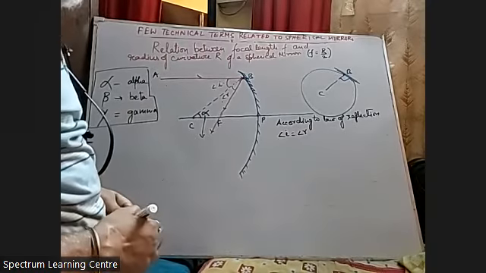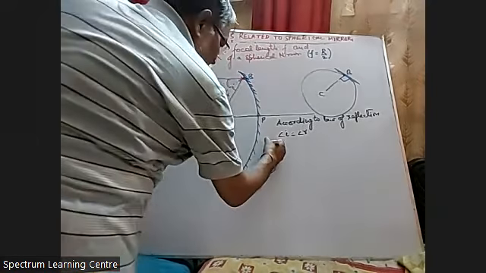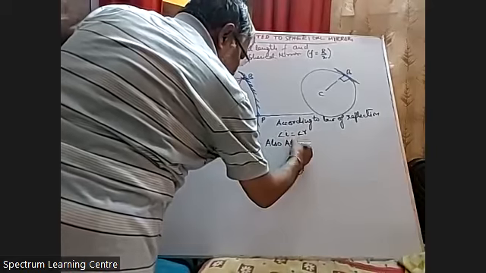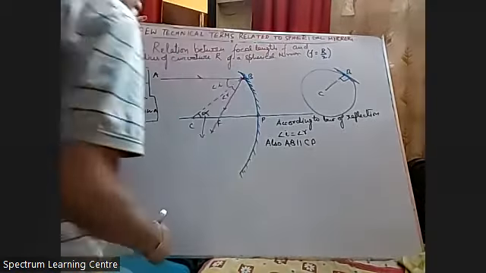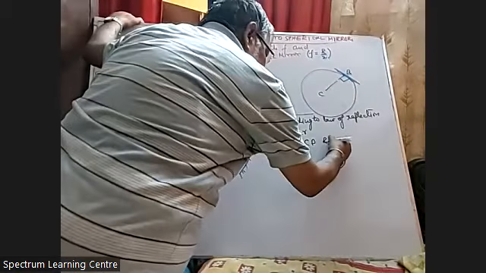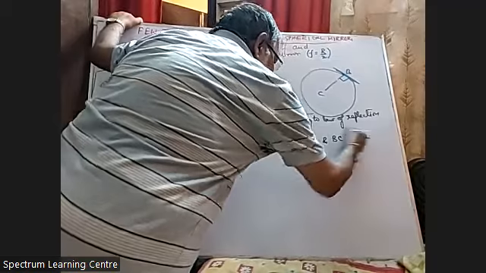Clear? Also, AB is parallel to CP, and BC is the transversal.